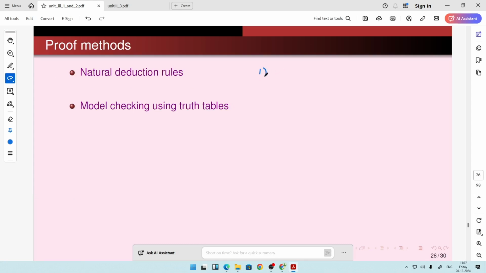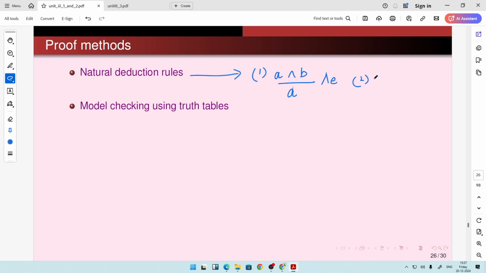Now, there are some natural deduction rules that are available. I will just write it here. So, the first one, we are going to do the natural deduction here. Suppose I have a statement A and B. I can infer A. This is called conjunction elimination.